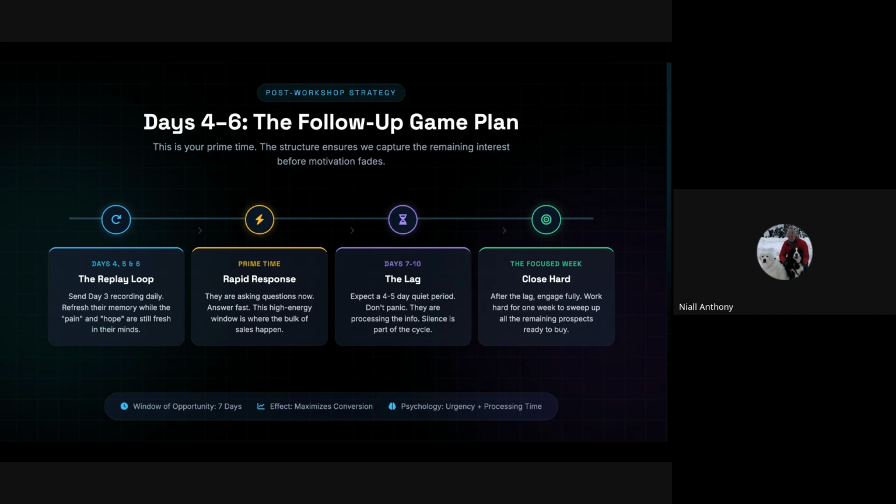So on day 4, 5, and 6, you are sending them day 3 back out as a recording for them to refresh and watch. Now, for day 5 and day 6, you can take the transcriptions or the scripts that you built for your workshop, feed them to ChatGPT, and create a value impact sequence for the emails.